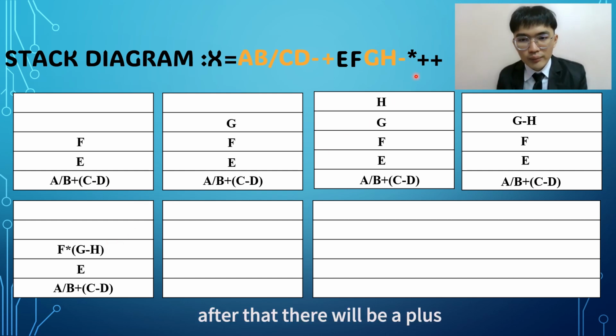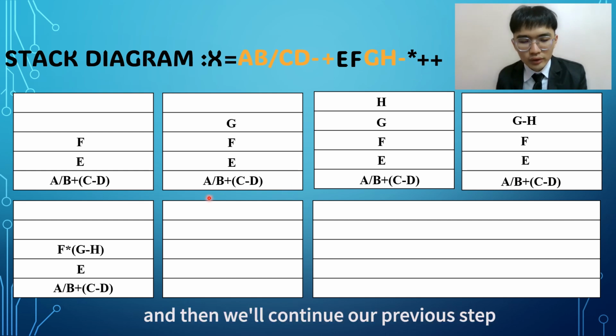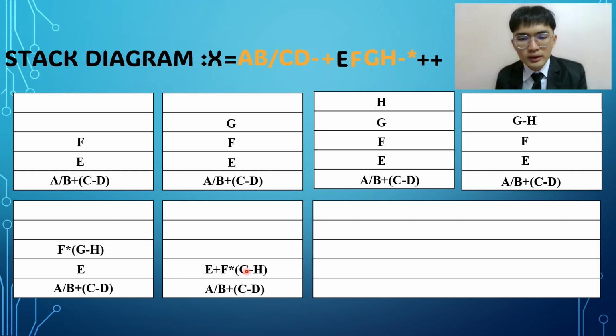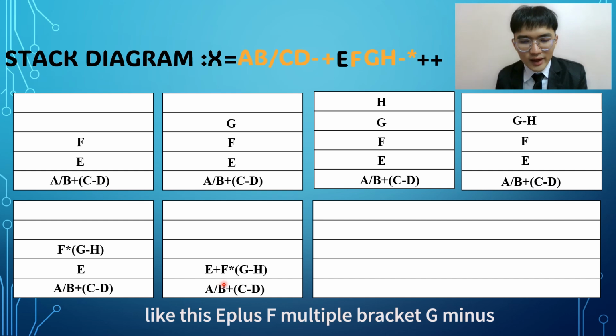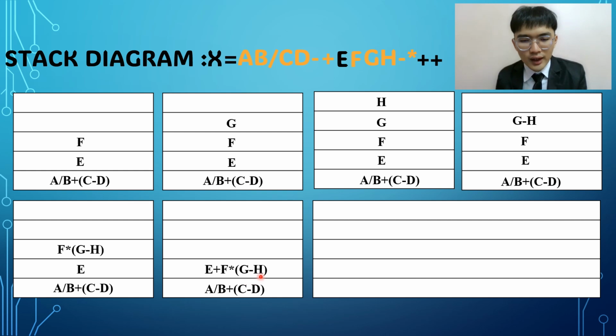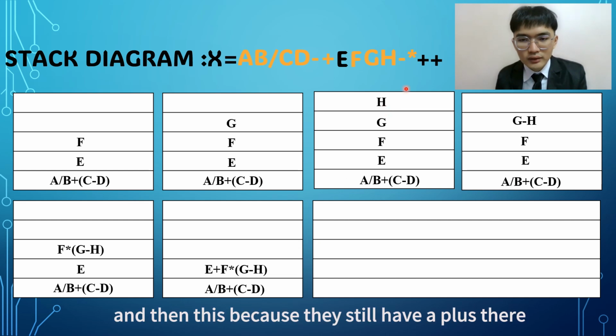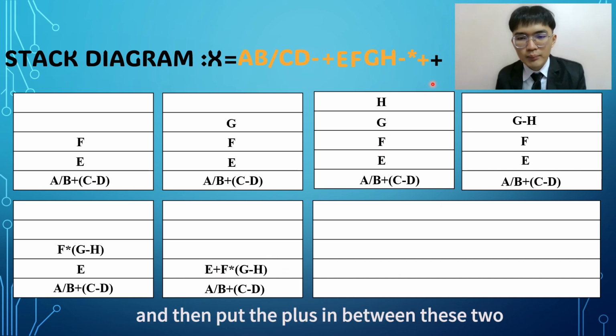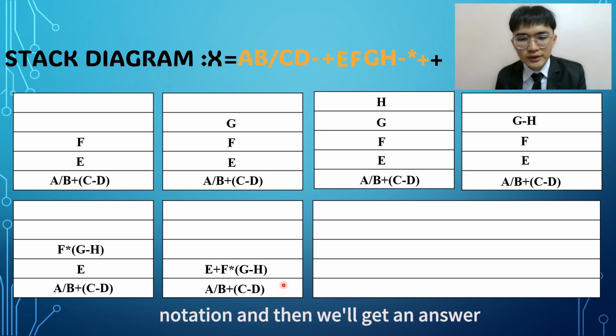After that, there will be a plus, and then we continue our previous step. So our answer will be E plus F multiply bracket G minus H. Don't forget the bracket. Because there's still a plus left, we put a bracket on it and then put the plus in between these two notations, and then we get an answer.